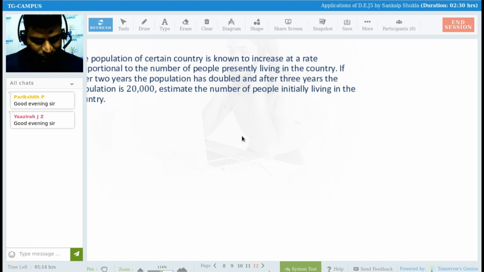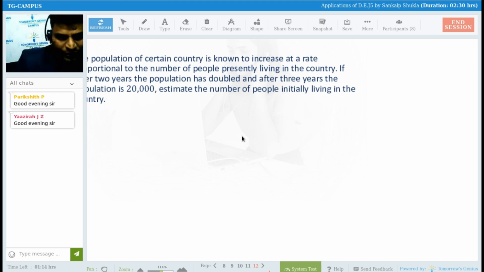I don't think so. Estimate the number of people initially living in the country. I don't know, so we'll solve it. This could be a possibility that the answer is 2500, but I'm not sure because it is not matching with the logic. It's a word problem, so anything could happen.